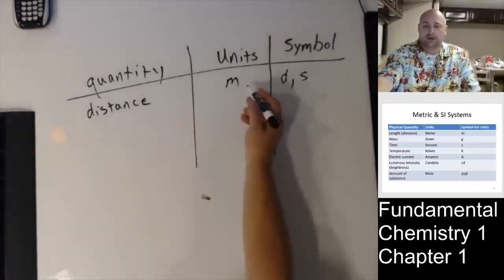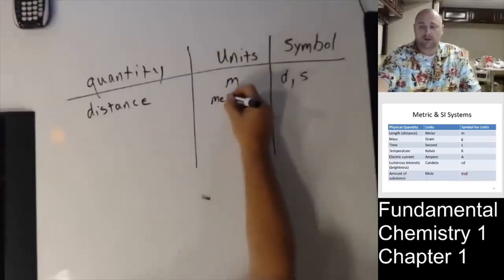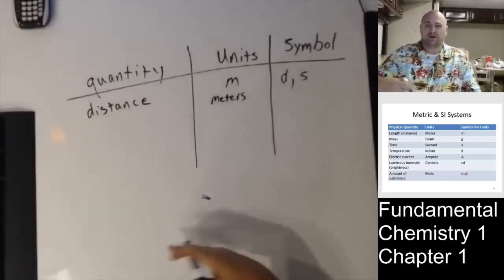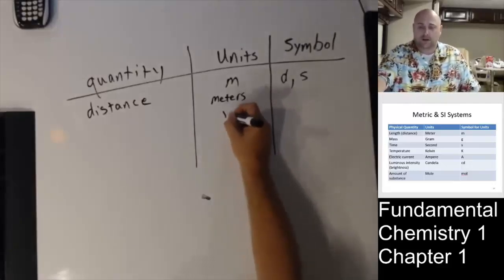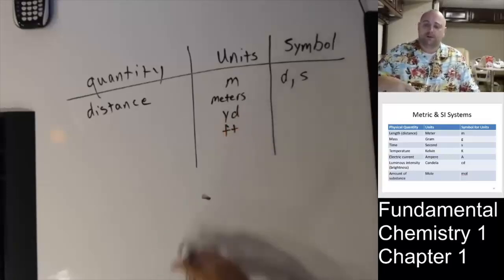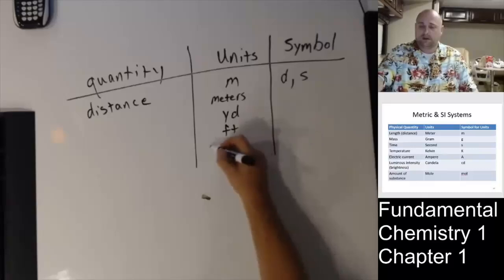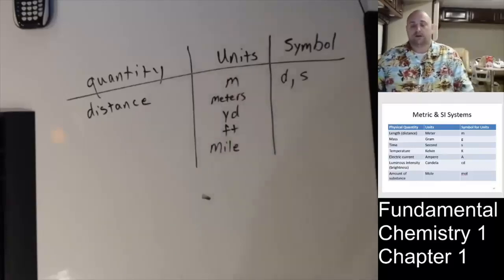So in the units here, M is for meters. Okay. So you kind of need to learn that. But we have other units for distance. So we might see yards or feet. All right. And so you need to get all those, like miles, in your head as distance.